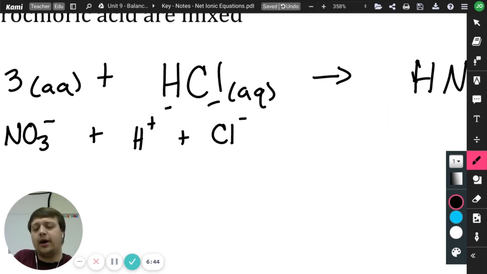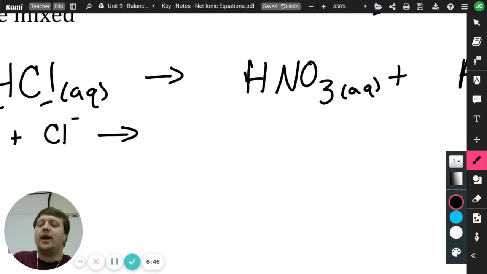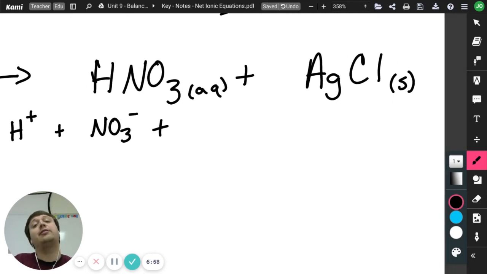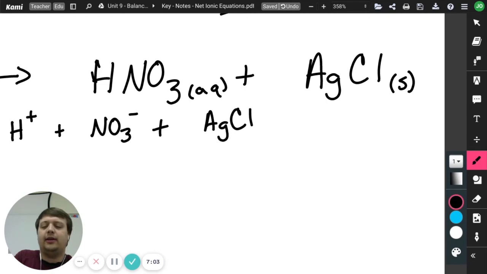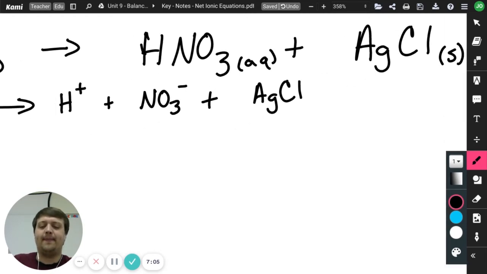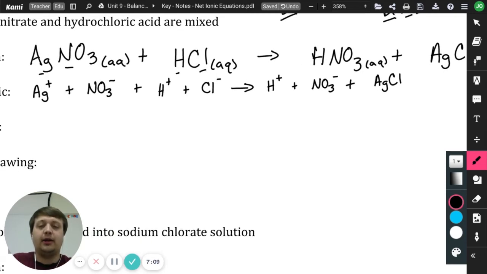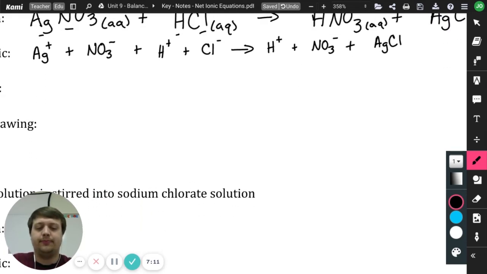Good there. Moving on. I have HNO3. That was aqueous, so it's going to separate into the hydrogen ion and a nitrate ion. And then last, AgCl, it is not aqueous, so we leave it as it is. Okay? So that would be my complete ionic reaction.